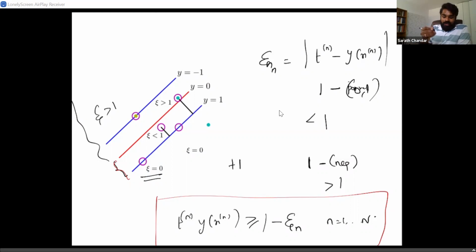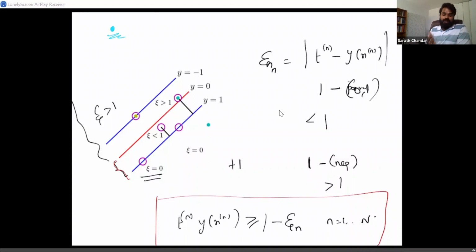Now let's say there is one specific blue example which is so far on the left side, on the wrong side. This is supposed to be a +1 example, but it is on the wrong side so far. Maybe this is an outlier, maybe an error in the data set, or some measurement error, so it could be noise, right?